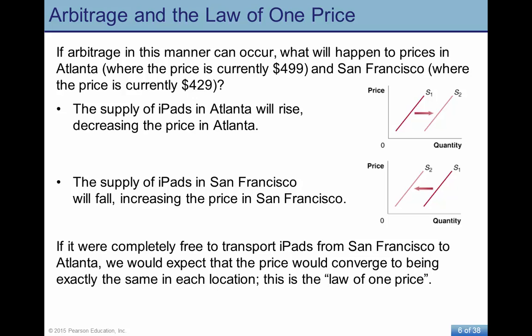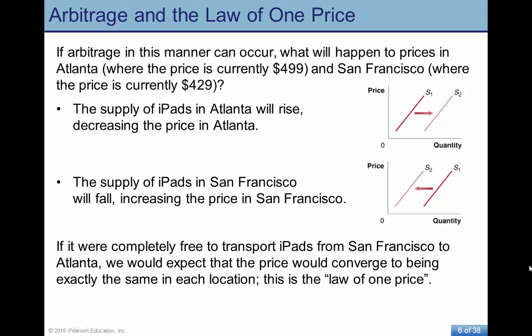The supply of iPads in Atlanta will rise, and look at the graph, the supply curve will shift to the right and it will decrease the price in Atlanta. The supply of iPads in San Francisco will decrease, and look at the graph, the supply curve will shift to the left and will increase the price of iPads in San Francisco.